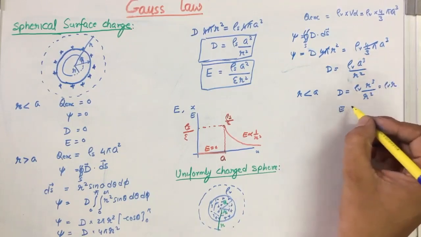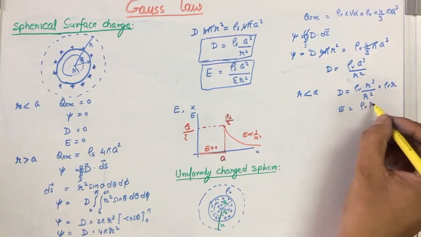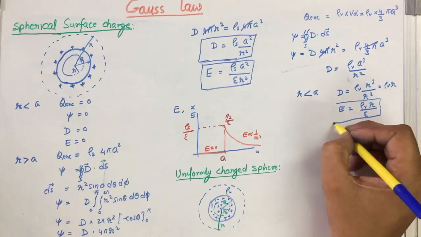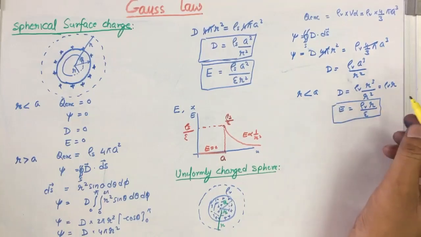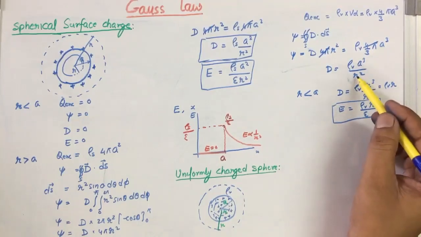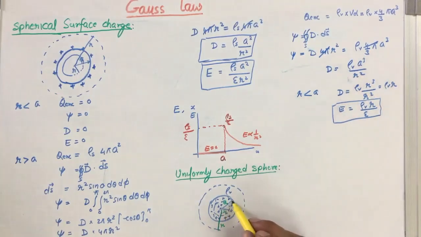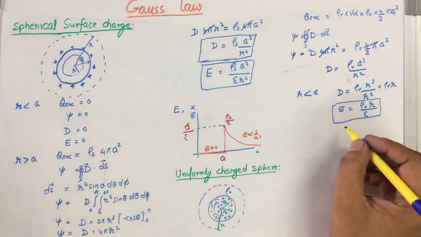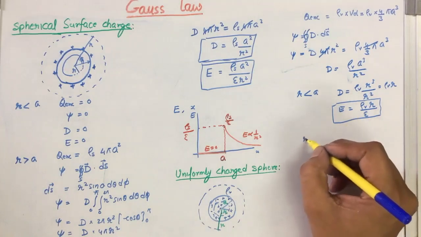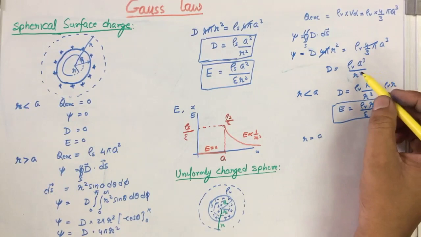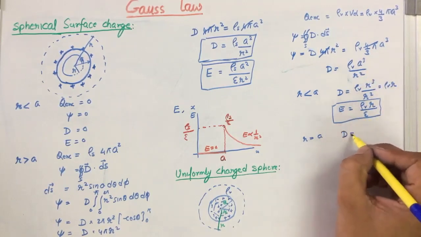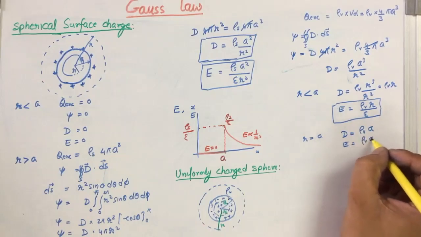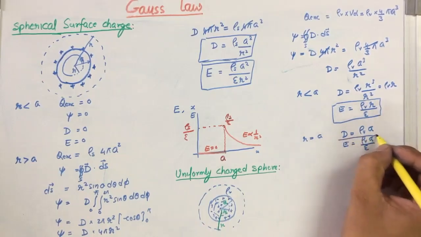Okay, and E will be rho v r by epsilon. This is the first term for us now. If we consider r is equal to the radius of the sphere, then r will be equal to A. In that case, D will be rho v A and E will be rho v A by epsilon.